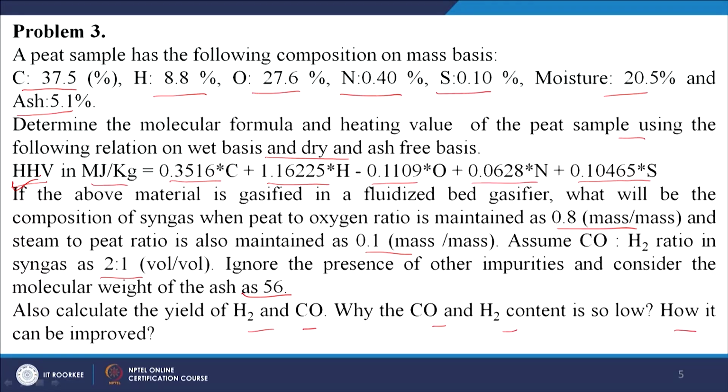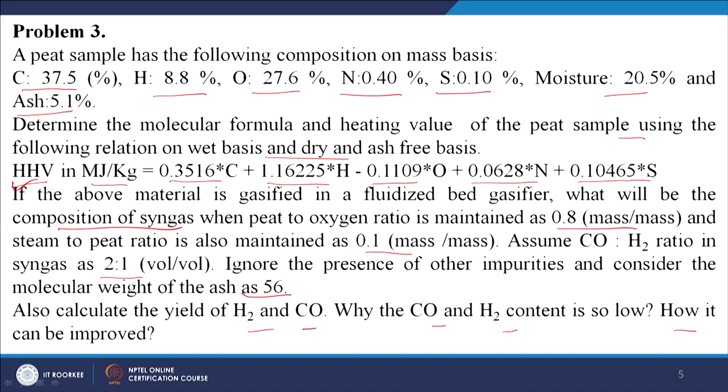Then we will convert it into percentage, and into dry basis. Then we will use this formula for the HHV calculation. So, in two different bases, wet basis and dry and ash-free basis, we will be able to calculate the HHV. So, the first part will be done.